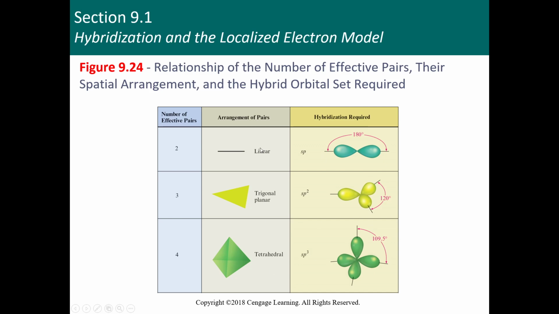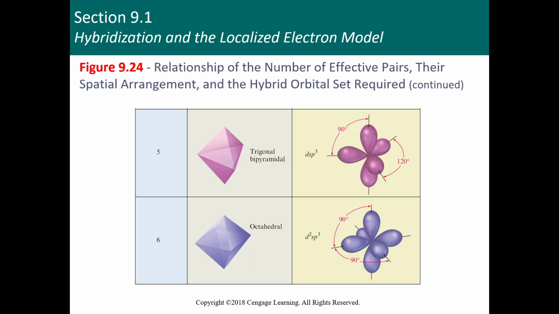Keep in mind that when we talk about these shapes right here, these are actually the shapes of the electrons. Okay? And so this is typically what's called the electron or electronic geometry. Okay? It is different than the molecular geometry, which would only be the atoms. You would exclude the lone pairs, the non-bonding. Okay.